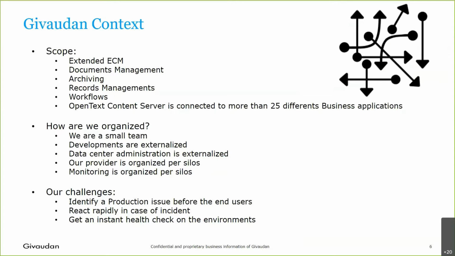In case of incident, we want to be able to react rapidly and focus on the system that is failing and not start digging into many different directions and waste time. And also, having an overview of the system would be very nice and very helpful for Givaudan.